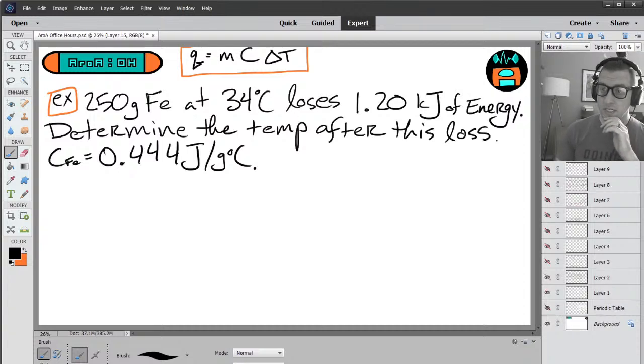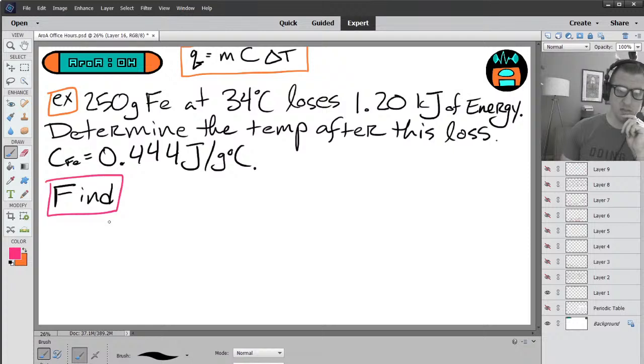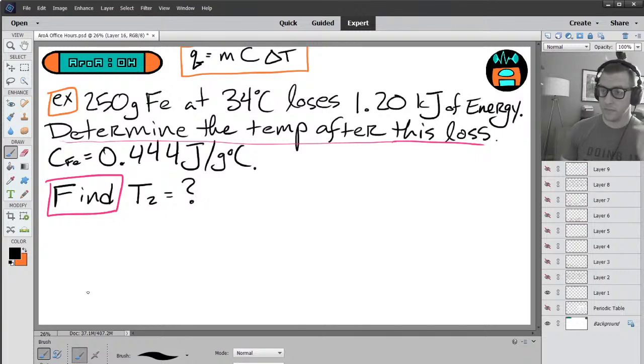As with any problem that we're going to solve, we need to identify first what we are trying to find. And we're trying to determine the temperature after the loss of energy. In other words, we're trying to find our final temperature. Now let's talk about our givens. Can you think of any equation that has T2 in it?